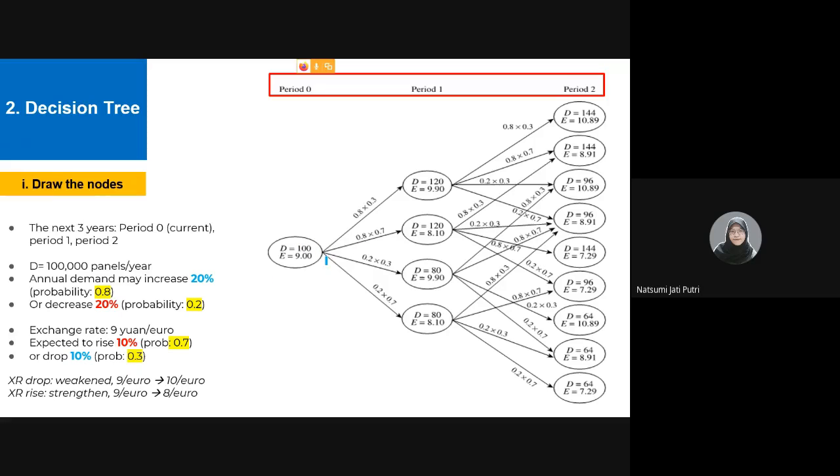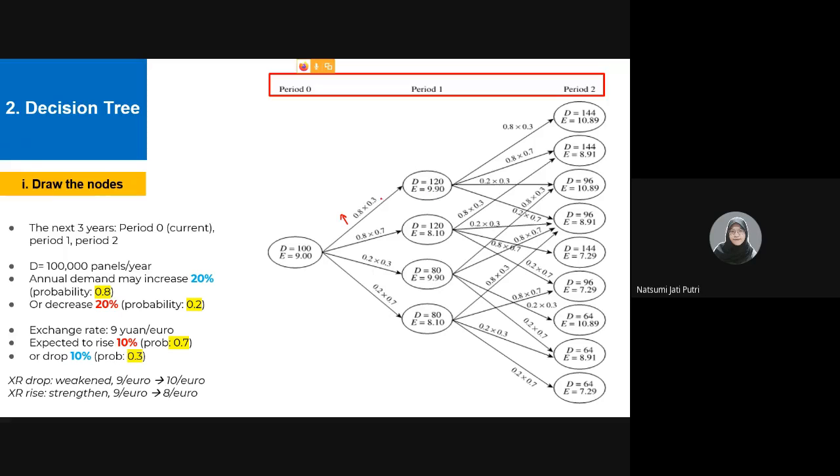And then for the period 1, we have another 4 nodes because from period 0 we have 4 probabilities. The annual demand may increase and the exchange rate will drop, or actually the value here will increase.